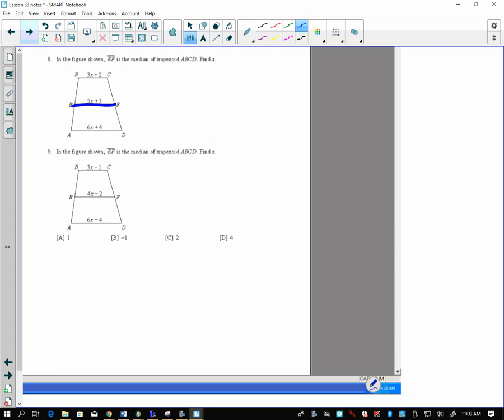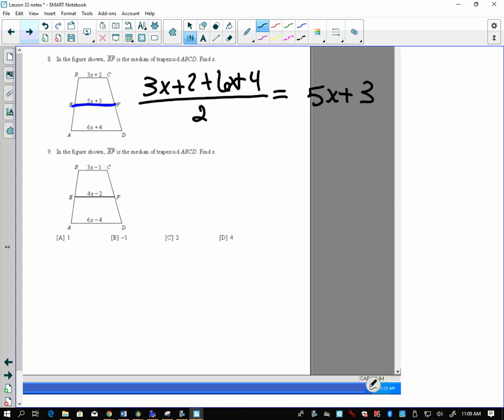So what we're going to do here is we're going to say 3x plus 2 plus 6x plus 4, divided by 2, equals 5x plus 3. Okay, it looks a little bit like your midpoint formula, right? And if you remember from geometry where we knew the midpoint and we had to solve for the other endpoint, it's kind of like that.